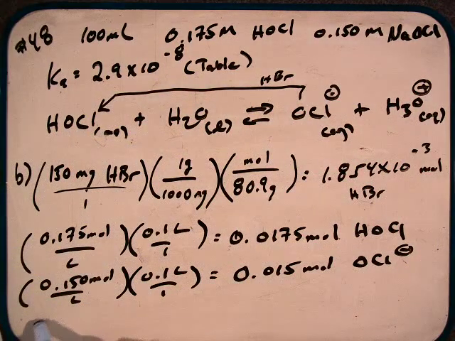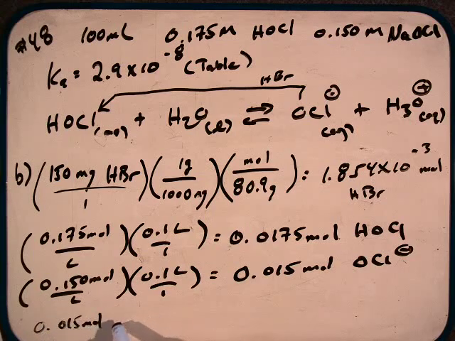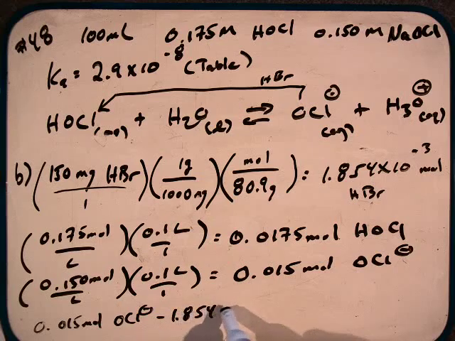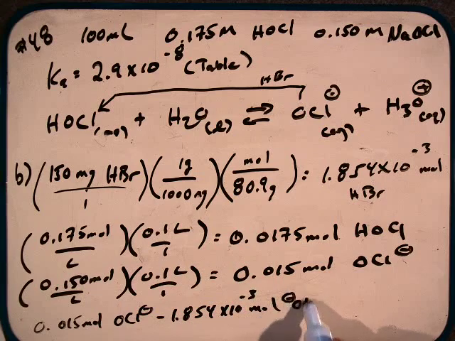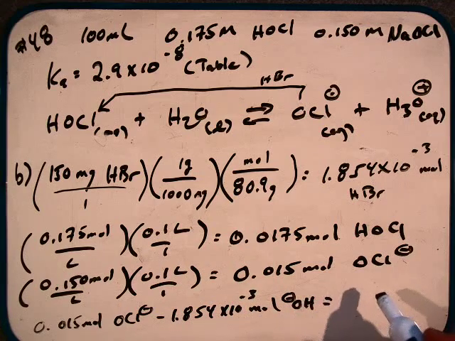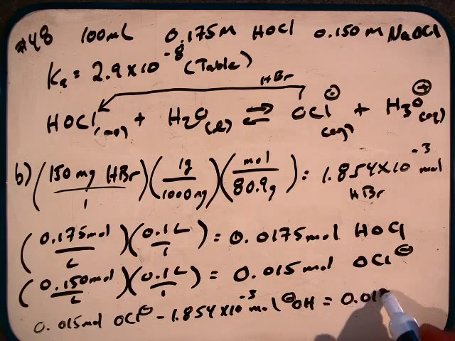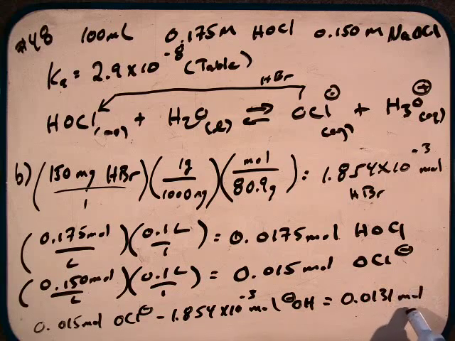So we would take our 0.015 moles of OCl minus, and we would subtract from that our H+. And so that gives us a value of 0.0131 moles of OCl.